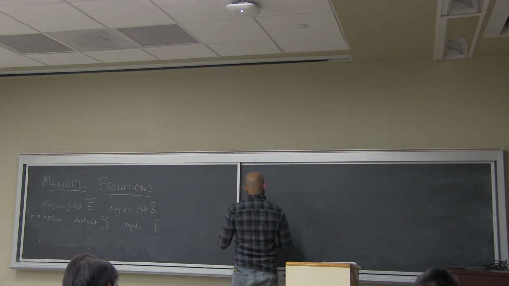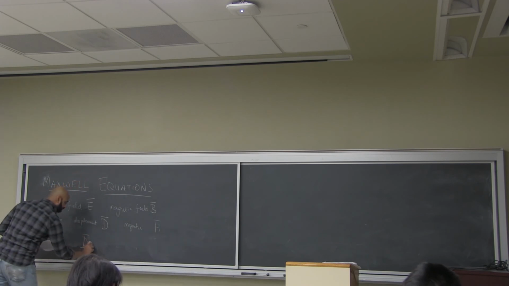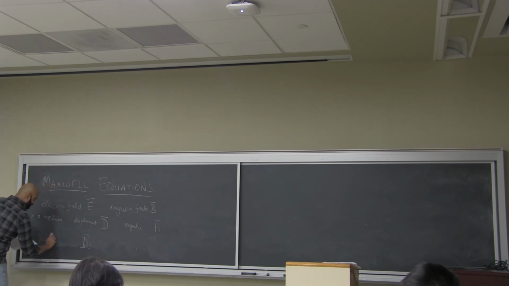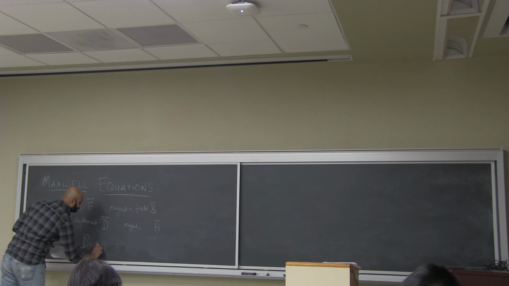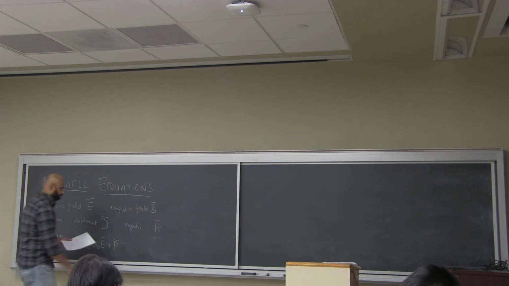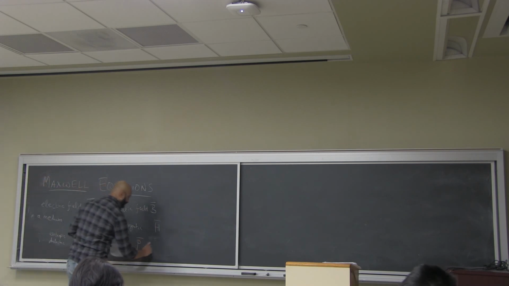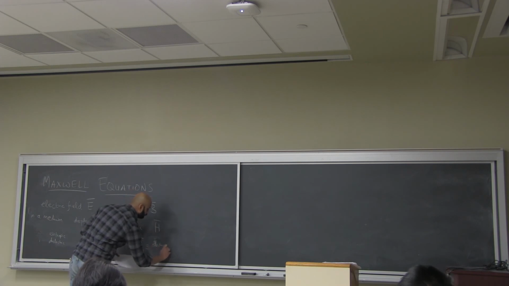Of course, D is related to E in a dielectric isotropic medium through this expression: epsilon naught E plus P, where P is the electric dipole moment per unit volume.